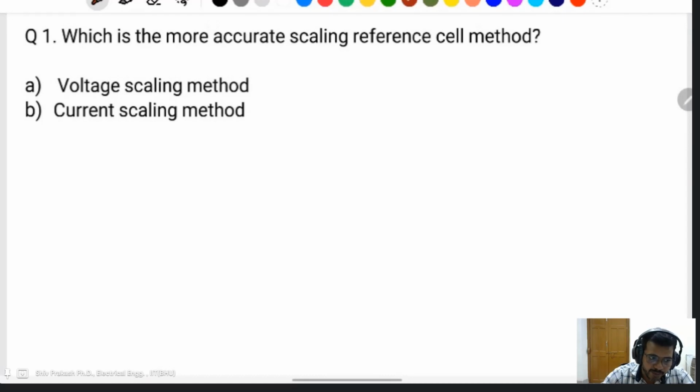I think you all remember the circuit diagram of the PV panel, PV cell. Voltage scaling and current scaling. Wait, I will give you the answer.